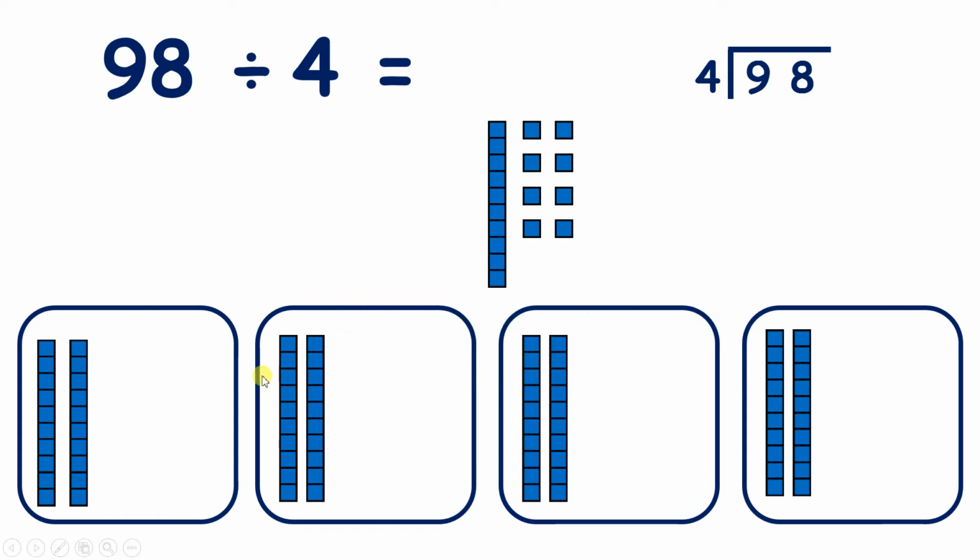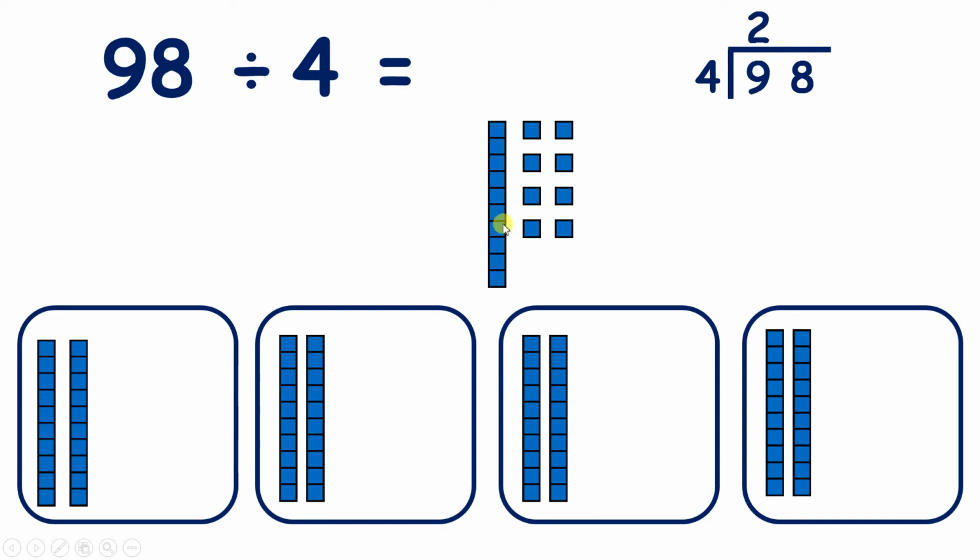That gives us 2 tens in each group, and then 1 ten which we can't share out because with division we need to share equally. So 9 divided by 4 is 2, remainder 1. So we can write 2 above our tens because we have 2 tens in each group.